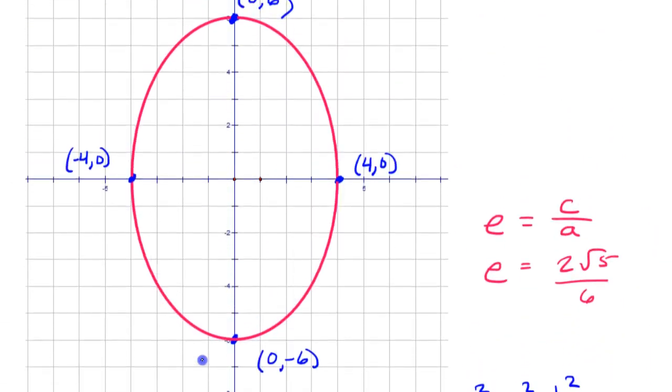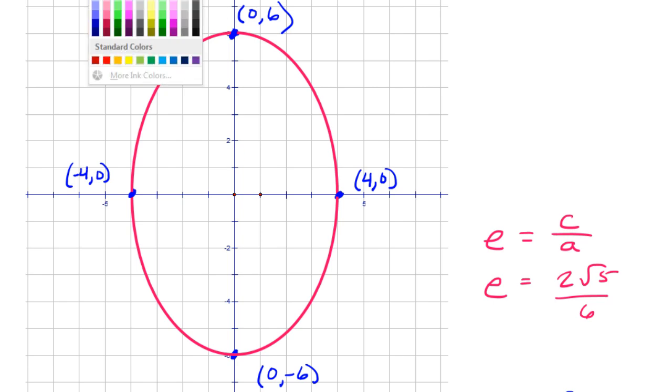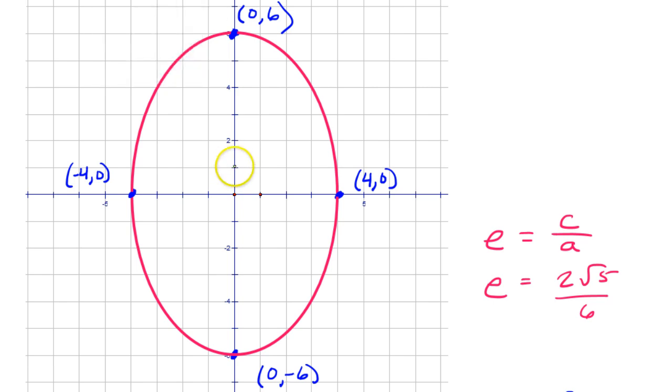So the foci are always going to go the long way. They're always going to go on the major axis. So I think I'll just switch colors over to green here. So 4.5 would be here, and then I will have -4.5 here. So that helps me to visualize that the coordinates of this point are 0, and I'm going to switch back to that 2 radical 5.